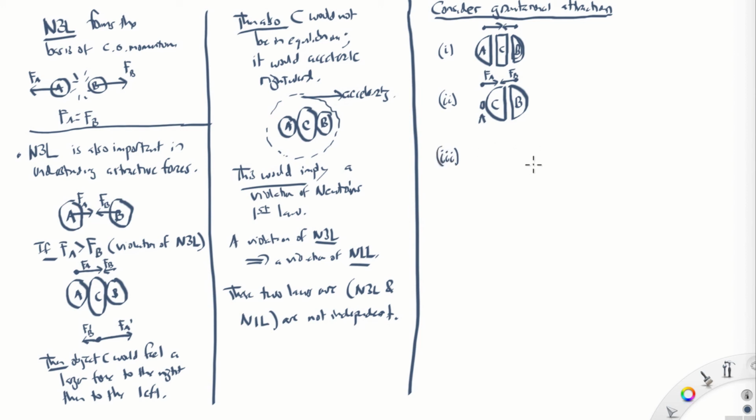And maybe I'll give one more example that illustrates just how counterintuitive this is, but how interesting it is. Suppose we have the Earth right here, and we put a scale on the Earth, and we have you stand on the scale. You are object A, the scale is object C, and the Earth is object B. So when you measure your weight, what you are essentially doing is measuring the force with which the Earth is attracting you.